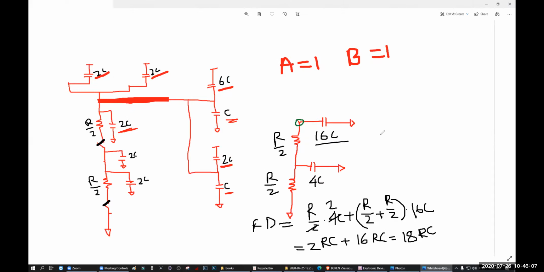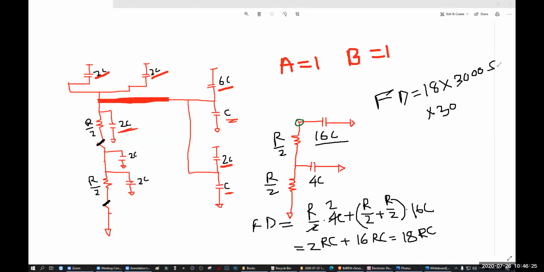That means your fall delay is 18 RC, so 18 into R. What is R? 3 kilo ohm, into 300 femtofarad. Femtofarad means small f, capital F. If you multiply, your value will be 18 into 3000 into 300.